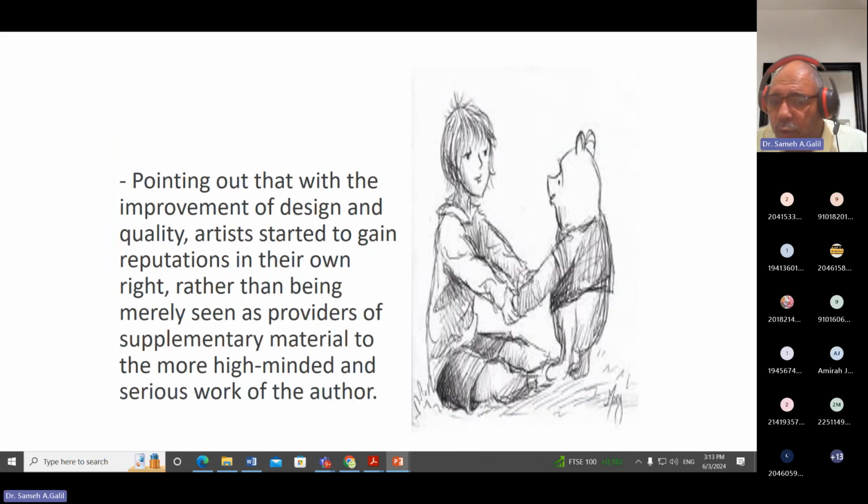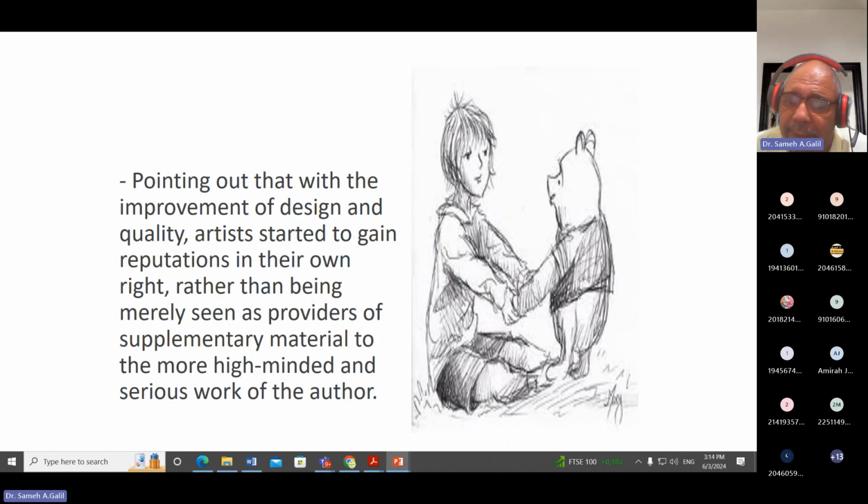Again, over time, there is going to be improvement in design and also in quality. And that is partly because of the artists themselves. The illustrators started to take the illustrations of children's books very seriously, and they started to be known on their own. Normally, when you have a picture book, you focus on the author and you neglect, overlook, or forget about the illustrator, the one who draws.